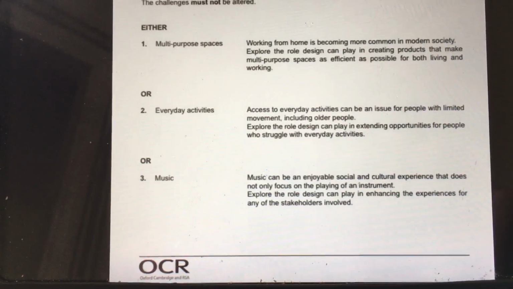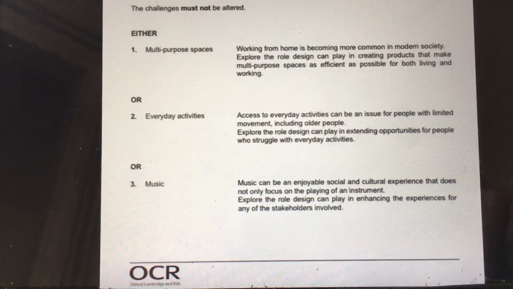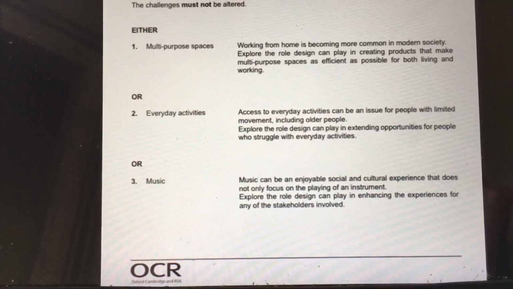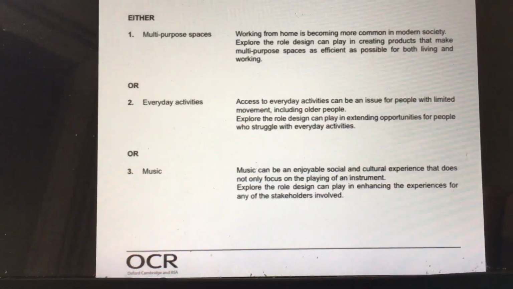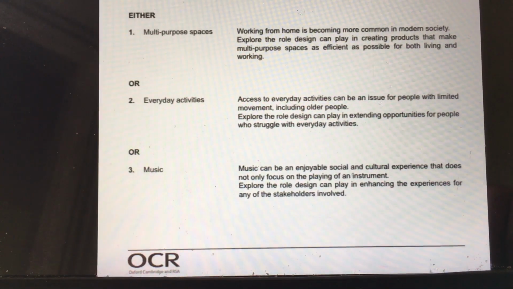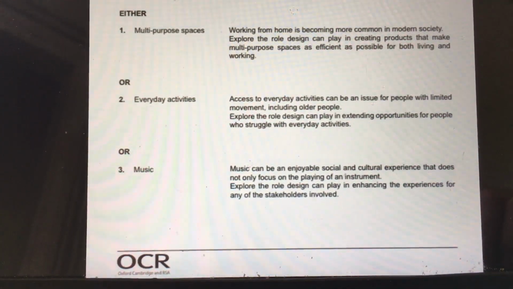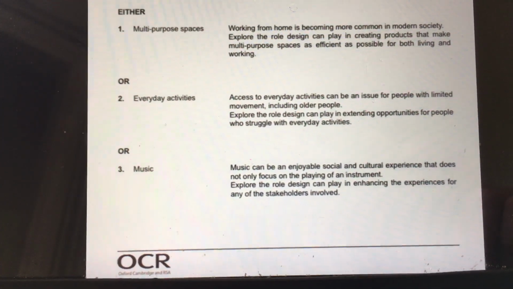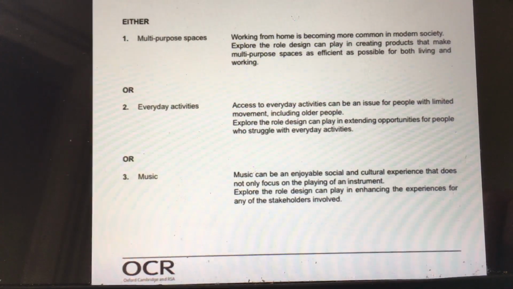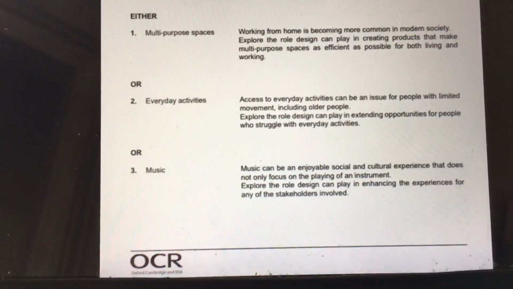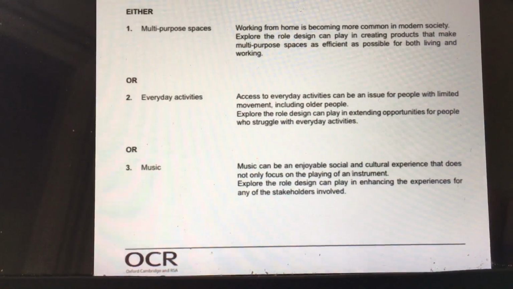Explore the role design can play in extending opportunities for people who struggle with everyday activities. Or number 3, music. Music can be an enjoyable social and cultural experience that does not only focus on playing an instrument. Explore the role that design can play in enhancing the experiences for any of the stakeholders involved.